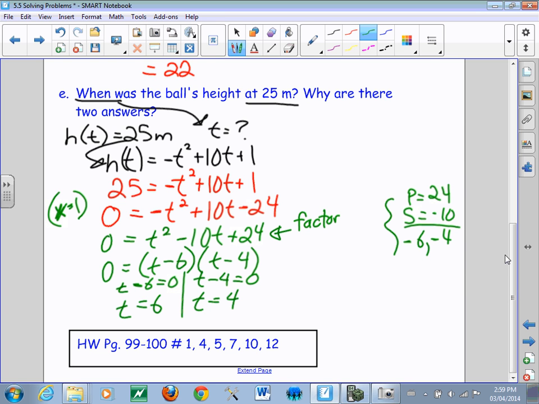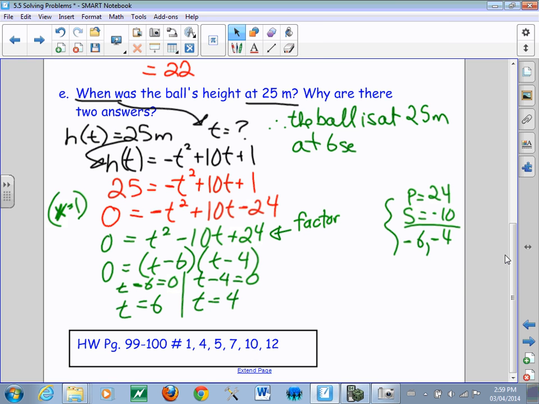So the question answers, therefore, the ball is at 25 meters at 4 seconds and 6 seconds. Okay, so that answers the first part.